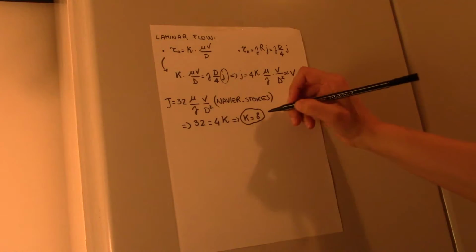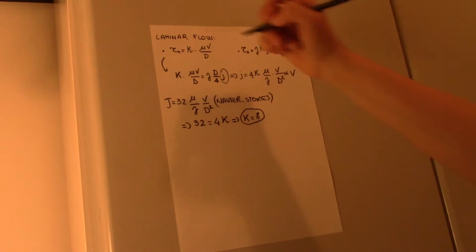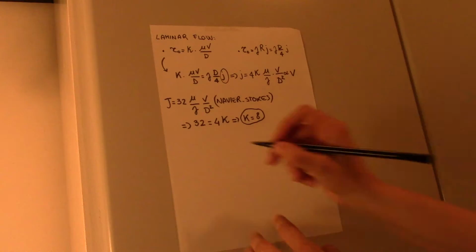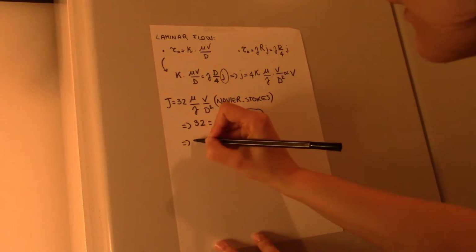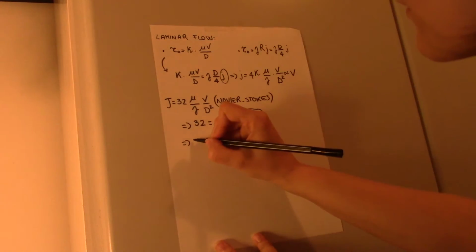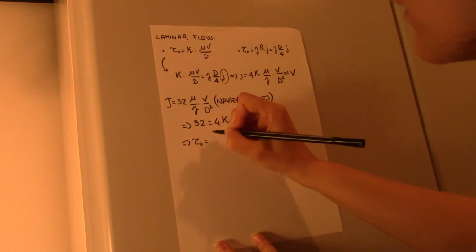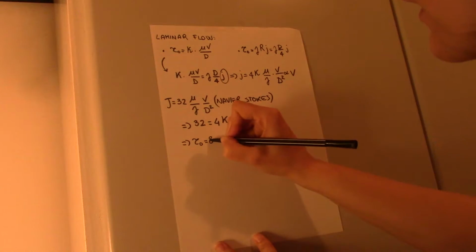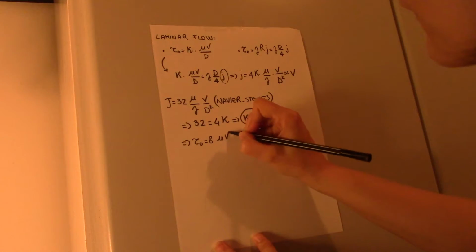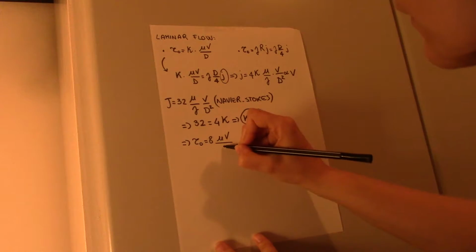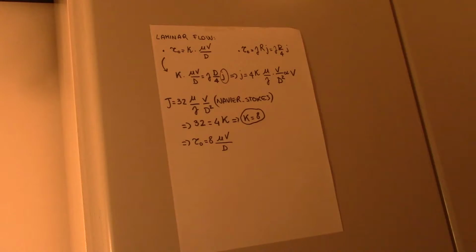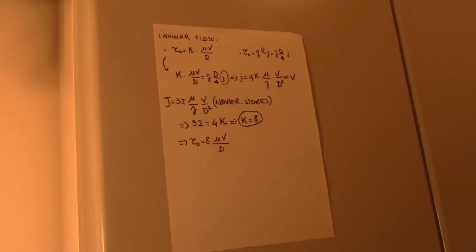We can, for example, substitute this right here and get that tau 0 in laminar flow is equal to 8 mu v over D. So we have found the expression for the tangential tension in the case of laminar flow.